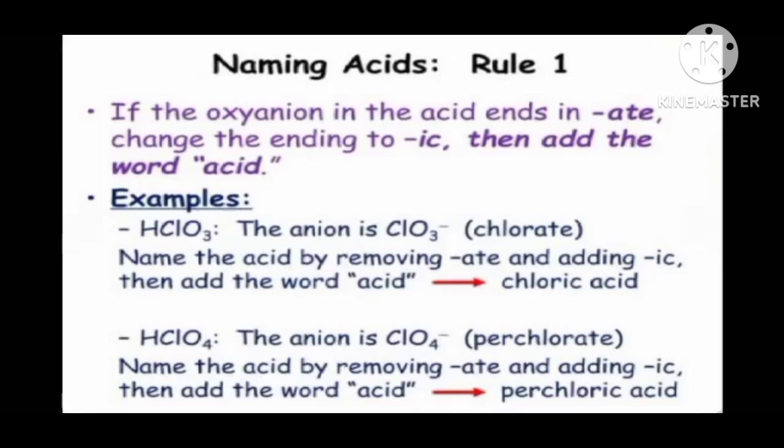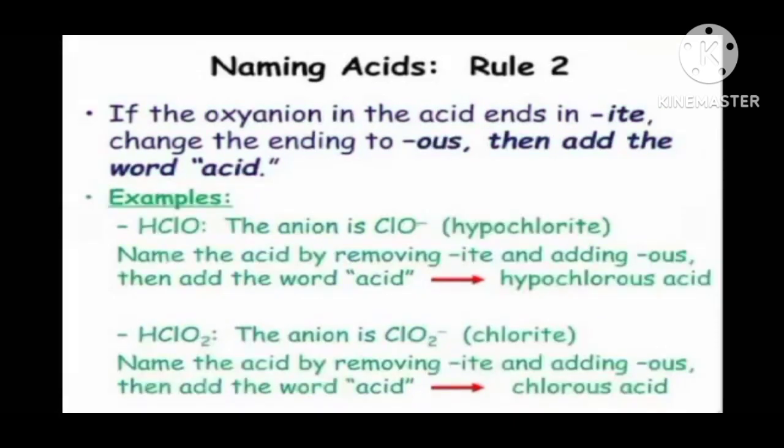Example: chloric acid. Another example is HClO4, the anion is ClO4, which is perchlorate. Name the acid by removing "ate" and adding "ic", then add the word acid, which is perchloric acid.